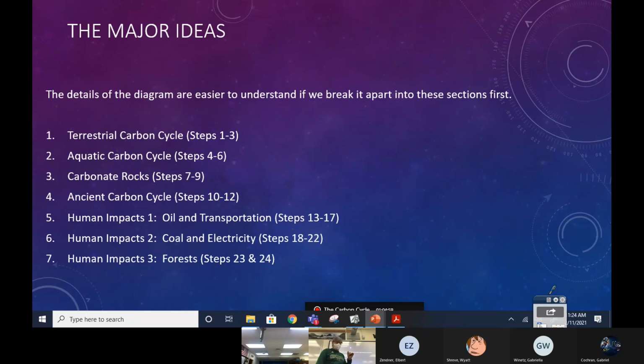Our brains have a hard time remembering more than 7 things. So that diagram of 25 would be really tough. So we're going to break it into these 7 parts. And I'm going to put a bunch of details up on the screen. And I want you to paraphrase, to write down the most important things on your paper. This PowerPoint is also posted on Teams. So if you want to study the detailed version, you can go back to this PowerPoint. Right now, just get the main things.